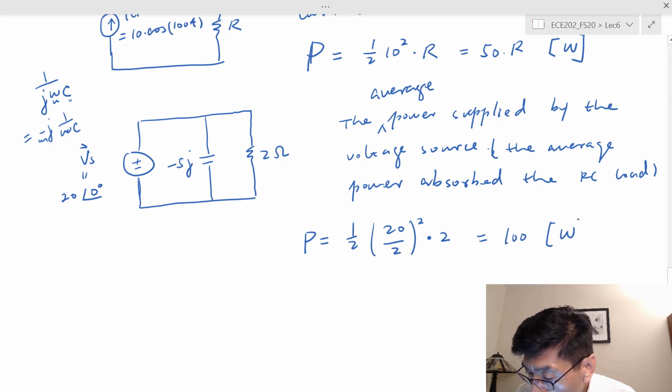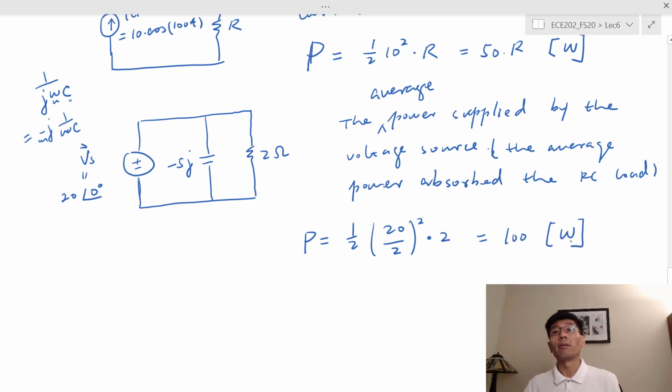In this circuit, the source is delivering 100 watts to the RC load, and the average 100 watts is absorbed by the resistance only, because the capacitor will not absorb average power. I hope that explains the average power concept, which is very important.